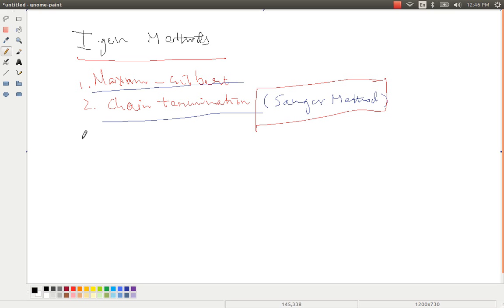Then we have the second generation methods, in which we have some wonderful methods like the shotgun method. The shotgun method was actually invented by Craig Venter while he was struggling to find the full genome of Homo sapiens, the human species.